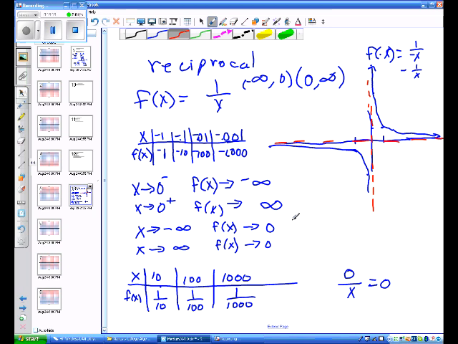So what we're going to do in this lesson is we're going to look at, well, how do we find those vertical asymptotes and how do we find those horizontal asymptotes so that we can have a better idea of what our graph is doing. And we're also going to find out that there are sometimes what we call slant asymptotes. And so we'll look at how to find those. So let's look first of all at how we find a vertical asymptote.